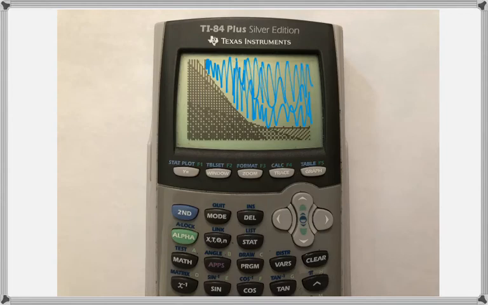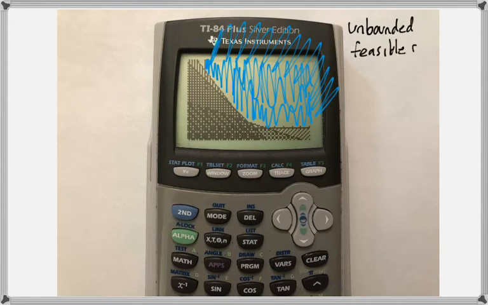And this actually continues forever. So this goes all the way to infinity. So this is something that's called an unbounded feasible region. So this will continue on to infinity.